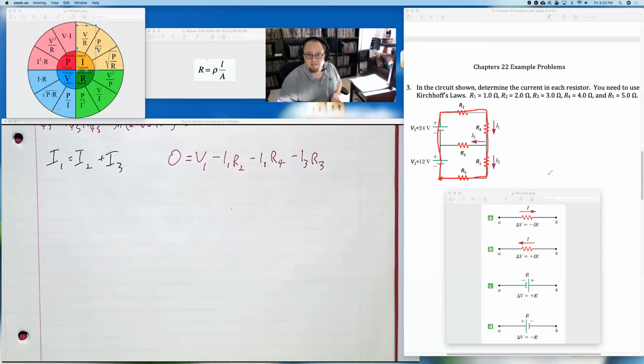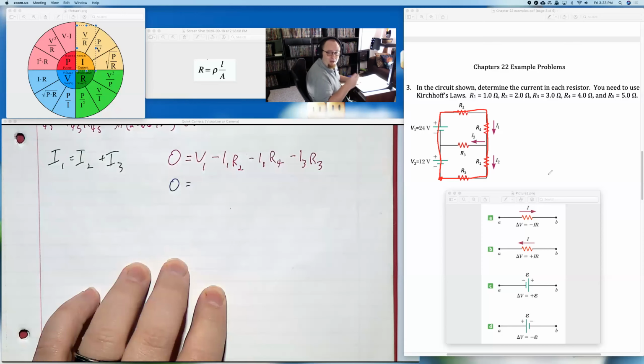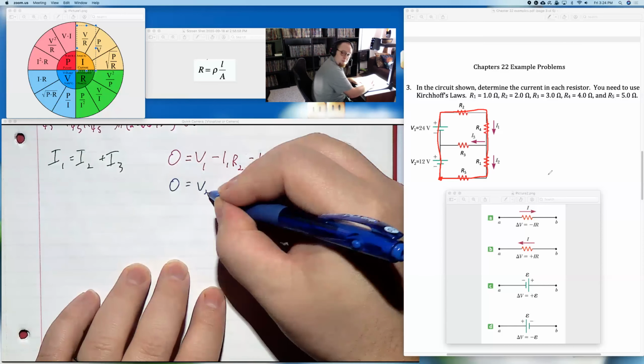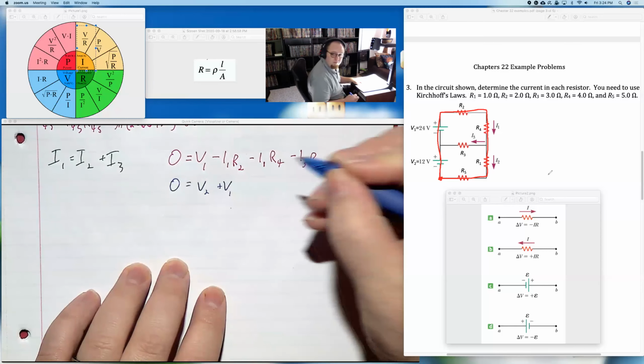Now with this, everything's going in the right direction again, which is kind of nice. On my way up, I go over battery 2, going from negative to positive, so that's good. Then I go over battery 1, negative to positive, so that's good.